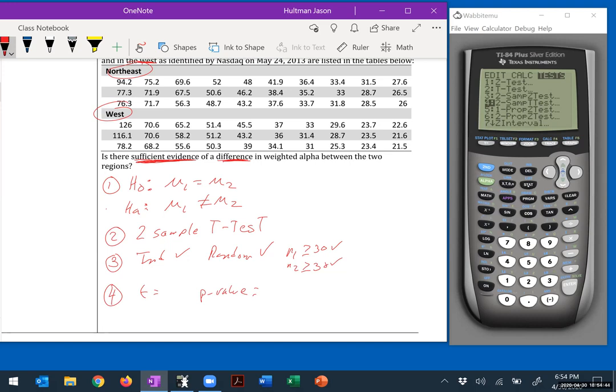Well, we go to stat and we edit our lists. I'm going to go arrow up and I'm going to hit clear. And then I'm going to let L1 be the Northeast data. So I have to enter this data. Feel free to enter it right along with me in your calculator.